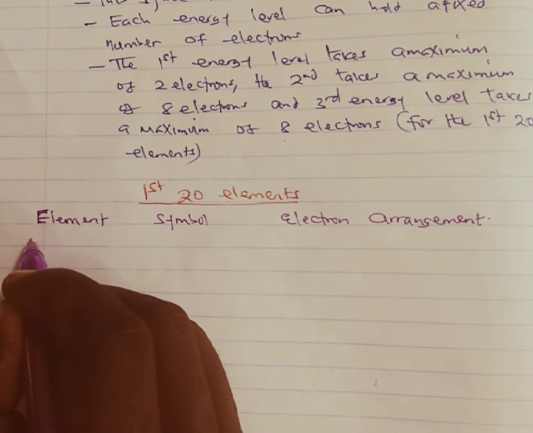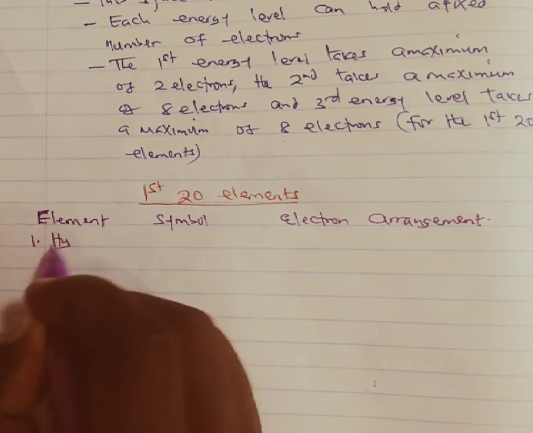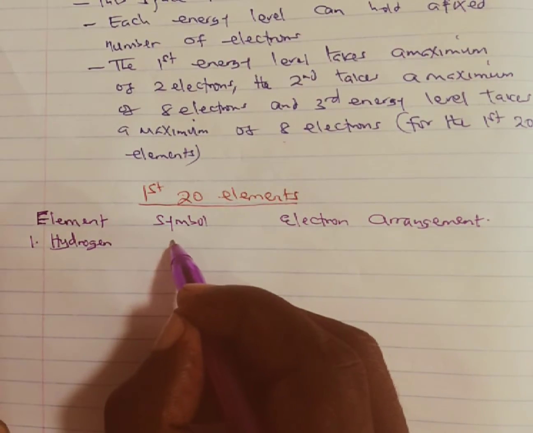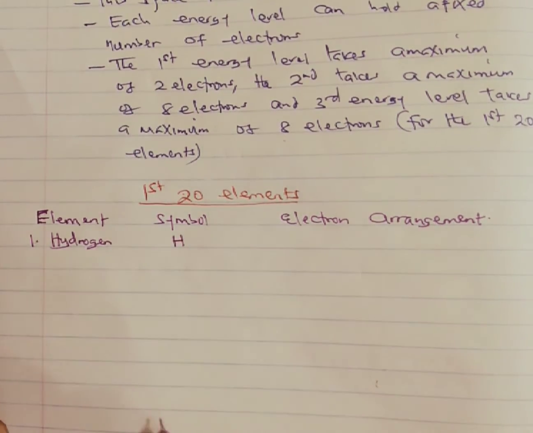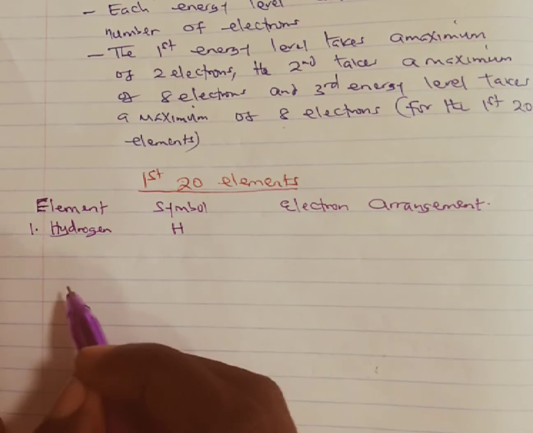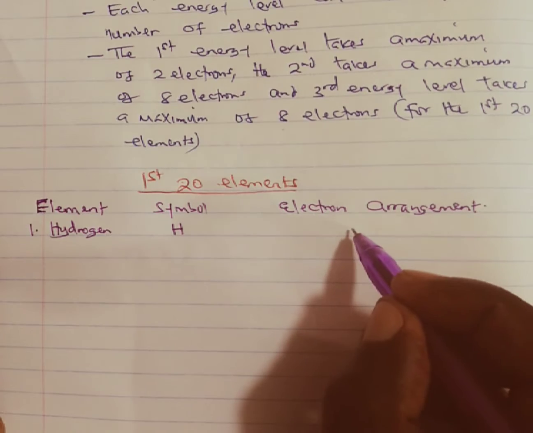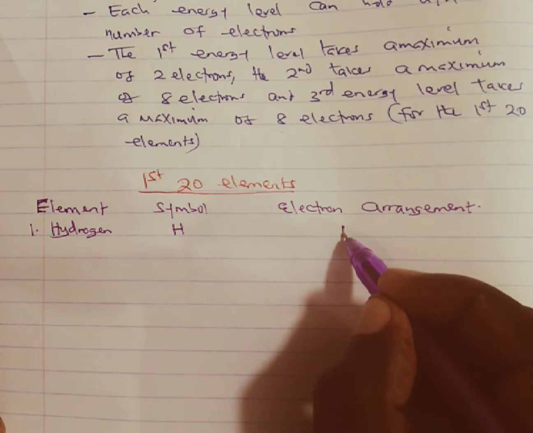So the first element is hydrogen. Hydrogen is represented by symbol H, and since it has 1 electron, the electron arrangement is only going to be 1.